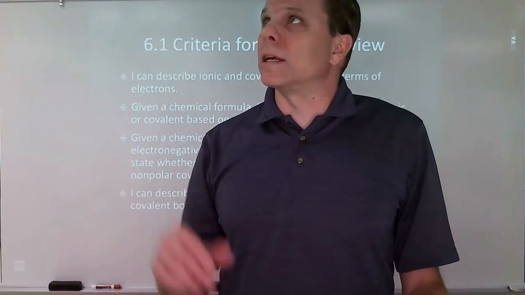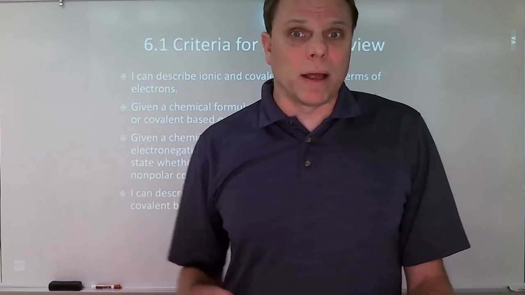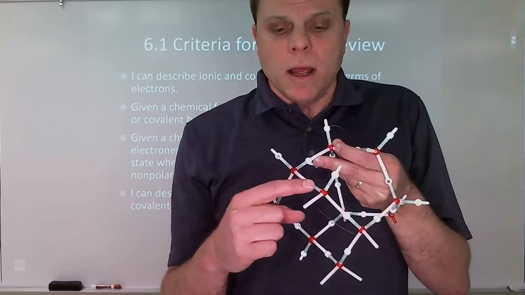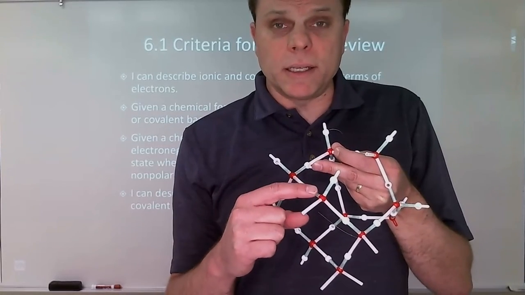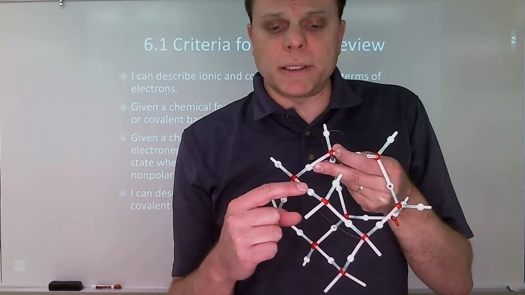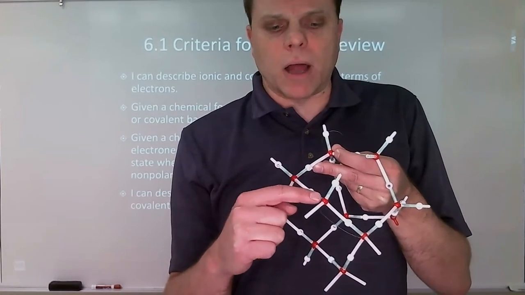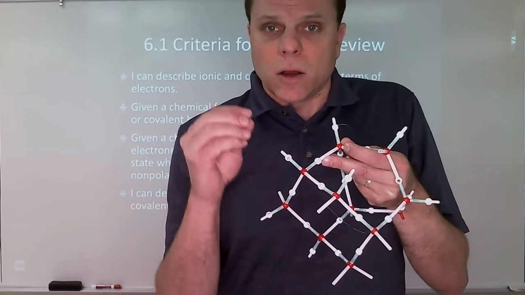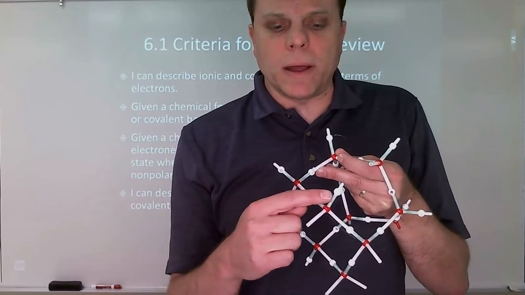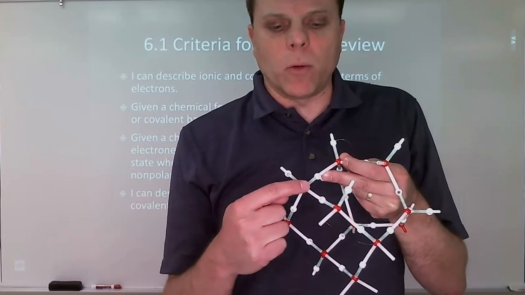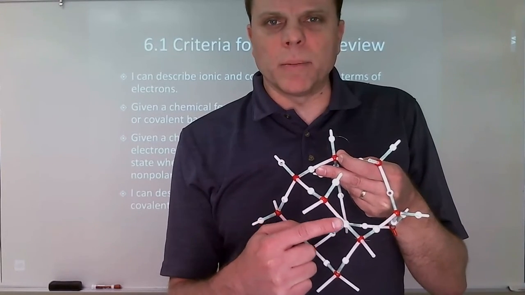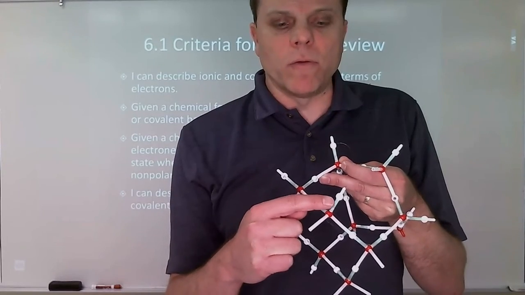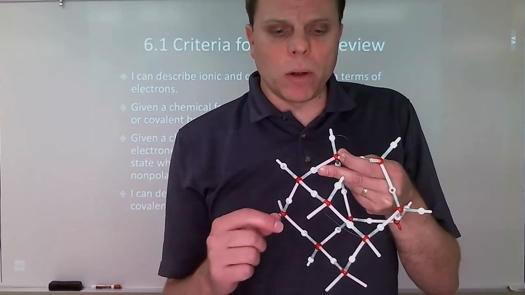Okay, but if we were to look at something like water, where we have ice here, let me pull this down real quick. So here we have water connected with other water molecules. This is an oxygen atom. These are the hydrogen atoms. And these are the small covalent bonds that are between them. Now the white ones are what we're going to be learning about with hydrogen bonding. But here you have the covalent bonds. Now is it polar or non-polar?